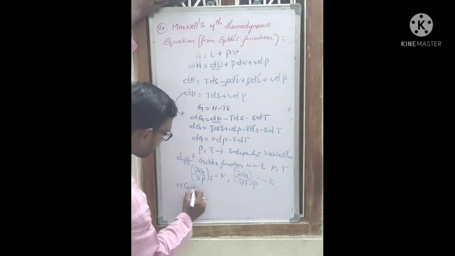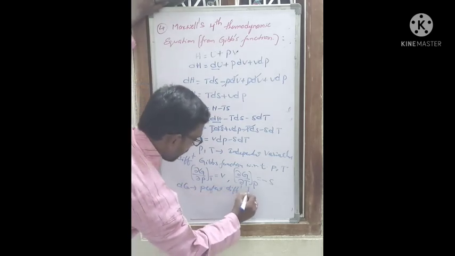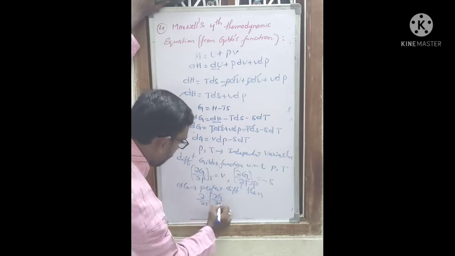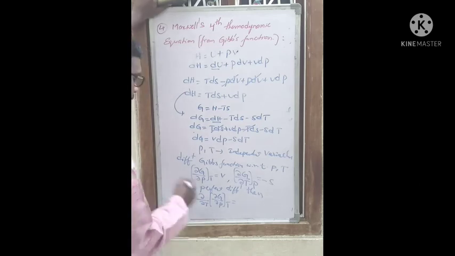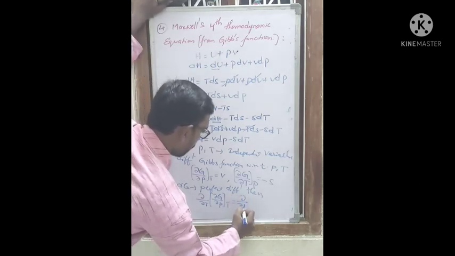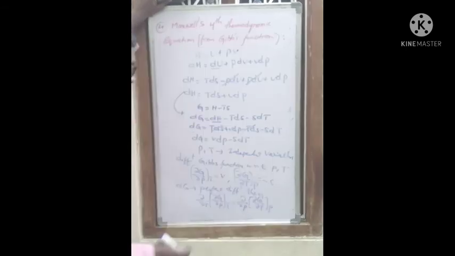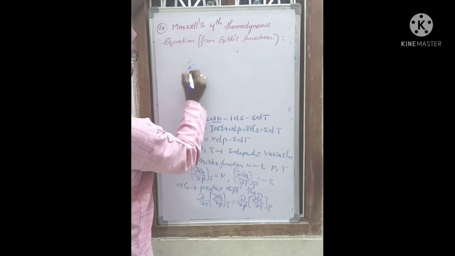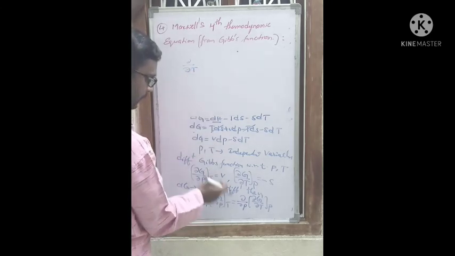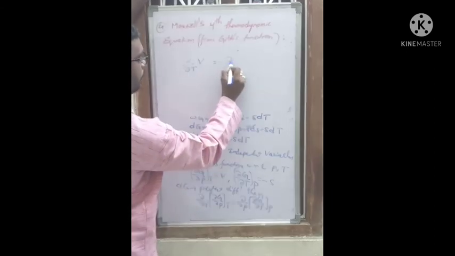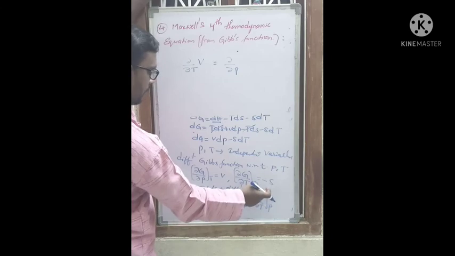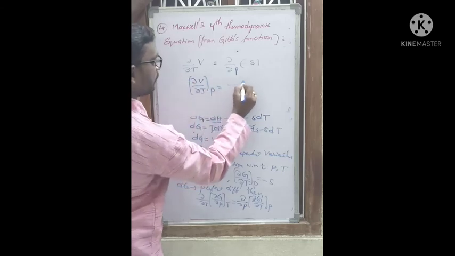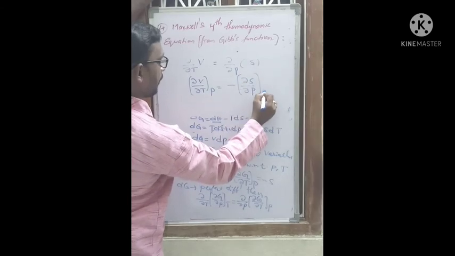And we know that dG is a perfect differential. So we can write ∂/∂T of (∂G/∂P)_T equal to ∂/∂P of (∂G/∂T)_P. Substituting these two functions, ∂G/∂P at constant temperature is V, and this equals ∂/∂P of minus S. So finally we get ∂V/∂T at constant pressure equal to minus ∂S/∂P at constant temperature.